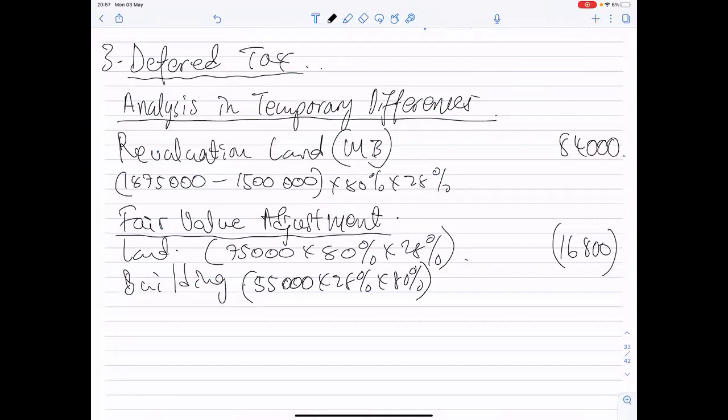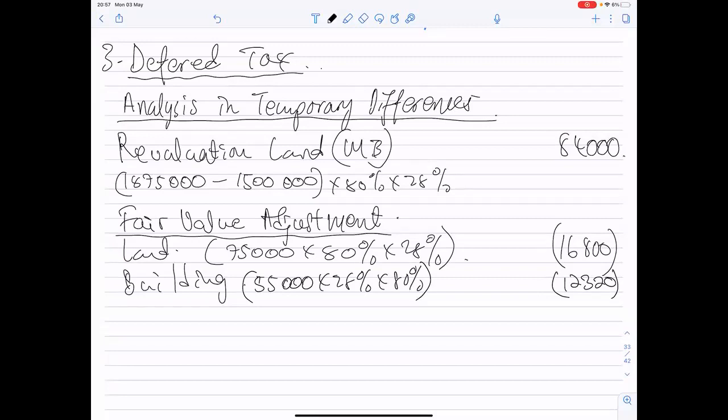And we got 12,320. Do you remember how you got the 55,000? It is the fair value of the asset minus the cost at the end of the year.